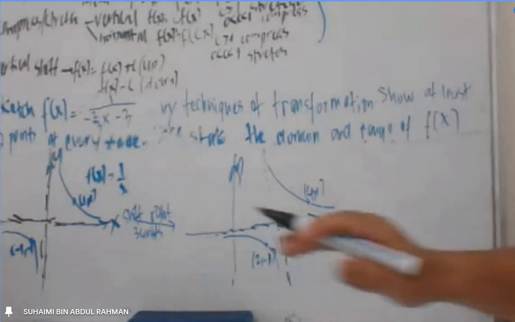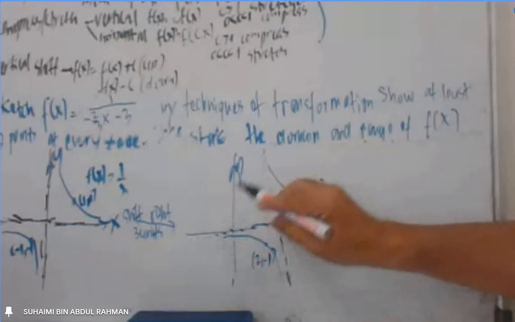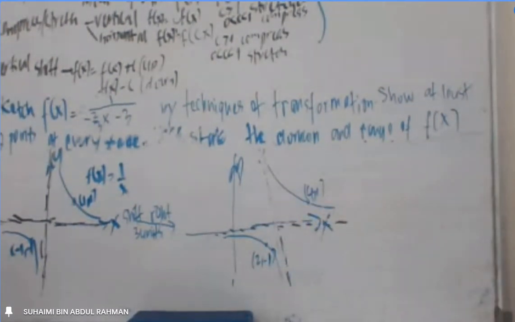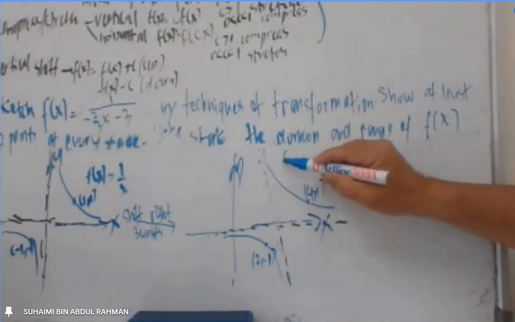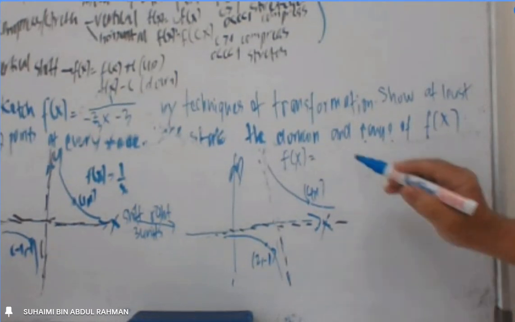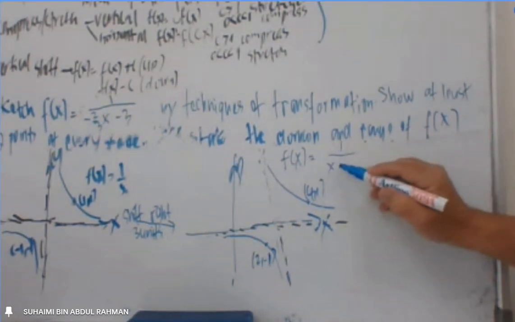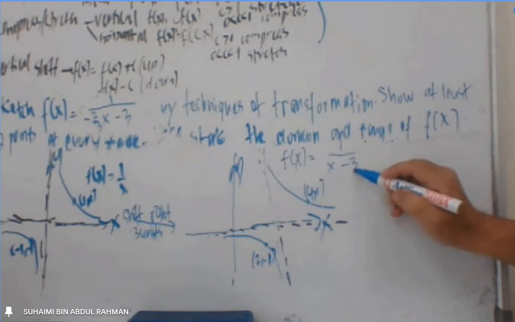The x axis and y axis are still there, but this is the asymptote. So what is the new function? 1 over x minus 3.